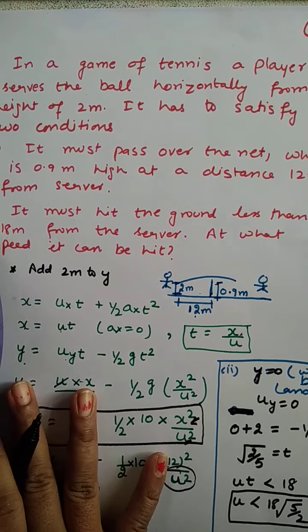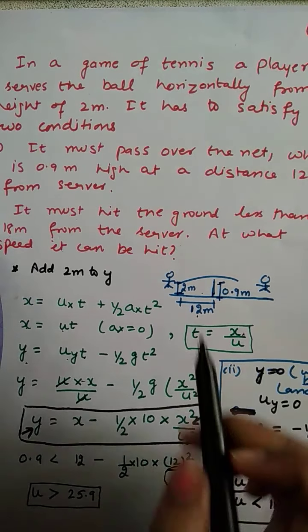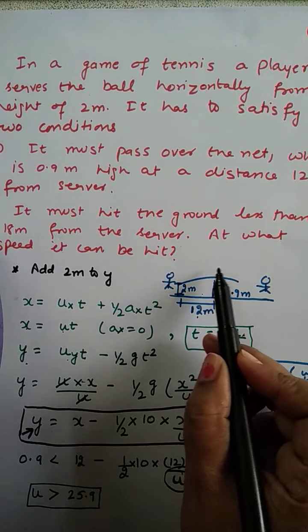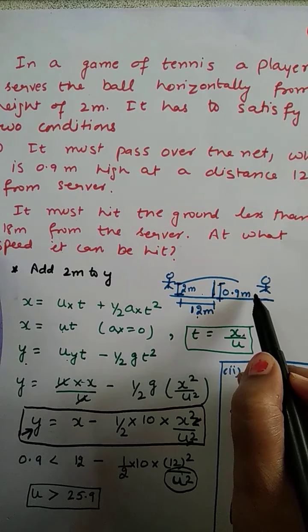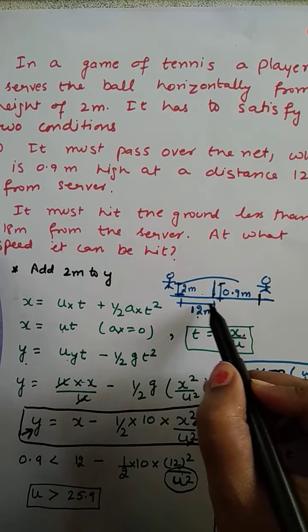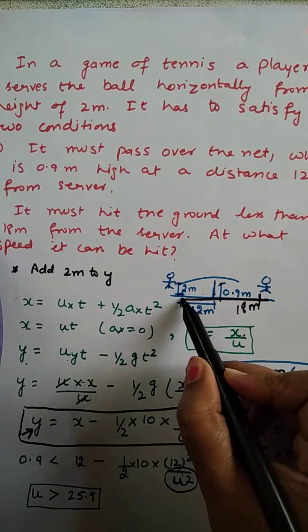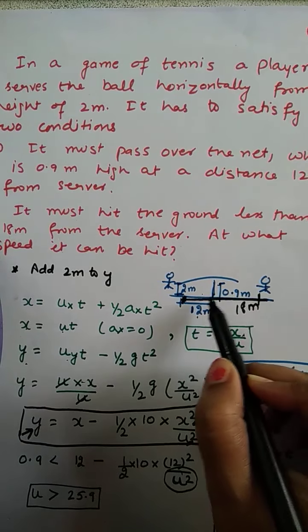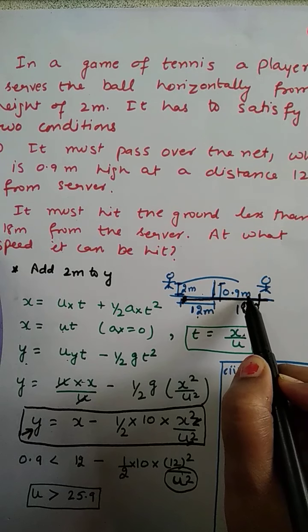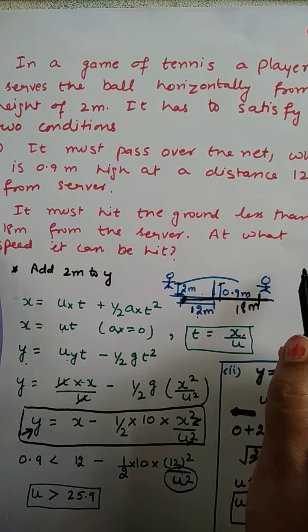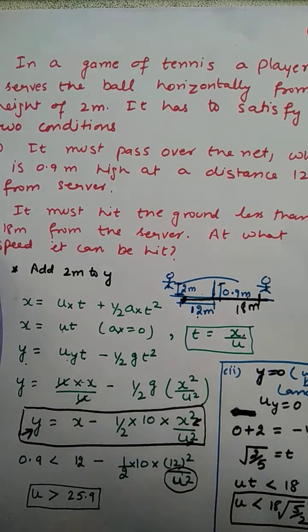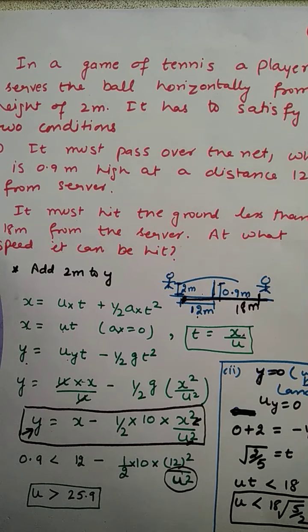The second part of the question is that this guy has to serve the ball so that it goes and hits the ground, which is 18 meter away from the server. It has to not go out of the court, otherwise it is a fault. That is the basic idea. It's a day-to-day life problem.